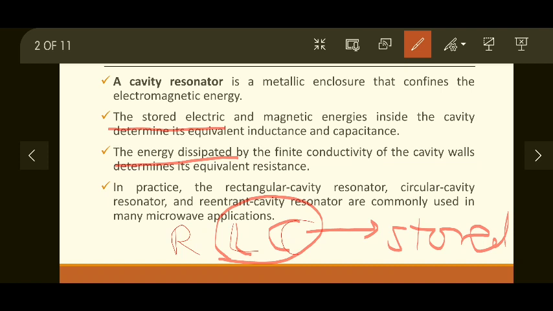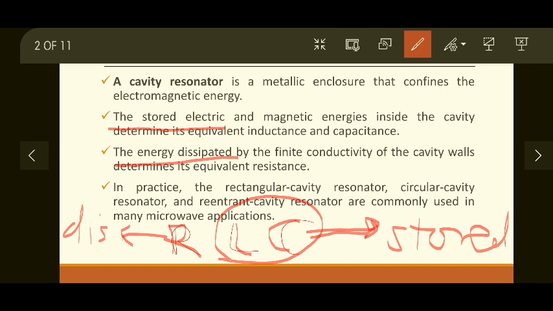Because the cavity walls, which are metallic, have a certain conductivity, and they will conduct that energy to the external atmosphere, and that is denoted by the resistance of the wall. So energy stored is concerned with the L and C, whereas energy dissipated is concerned with the resistance of the walls.